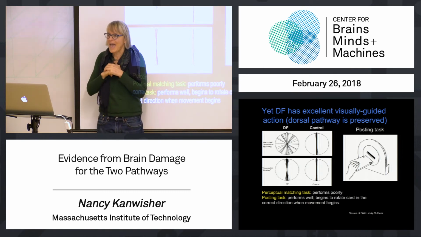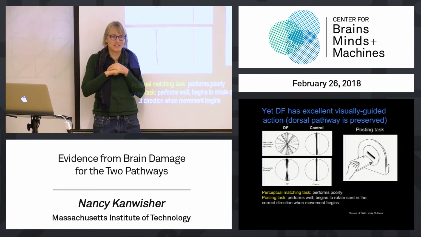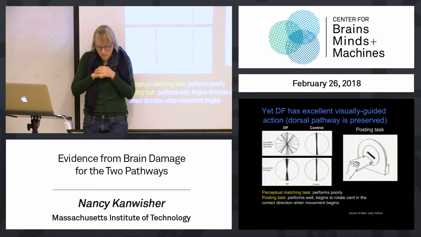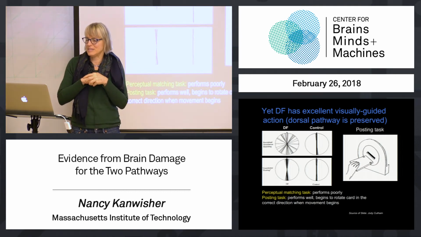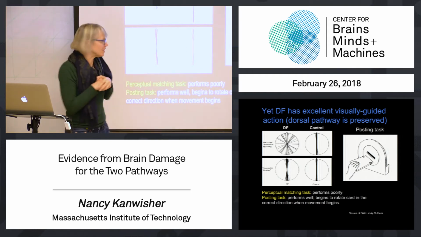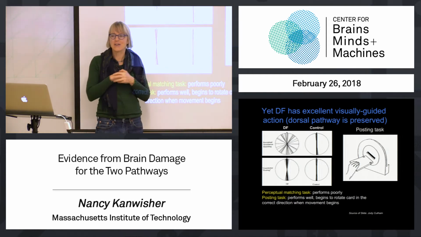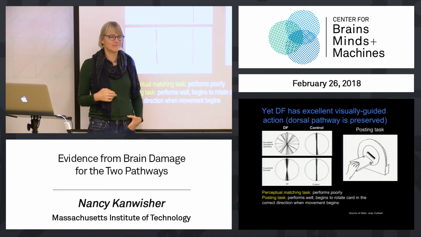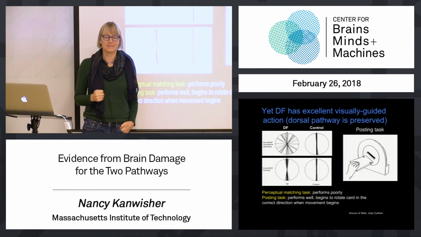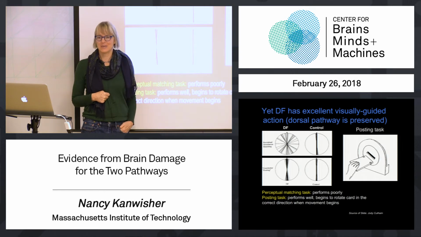Compared to acting based on that perceived orientation. Okay? So what used to be called the what-where pathway is now more commonly called the what-how pathway, right? Reporting what orientation versus acting, like visually guided acting on the object. Like how would you engage with that orientation? Make sense? Okay.